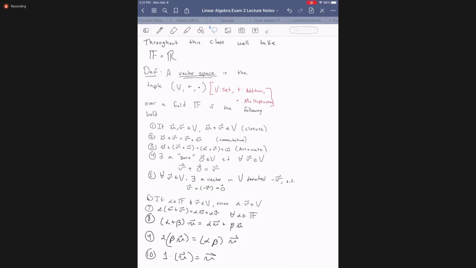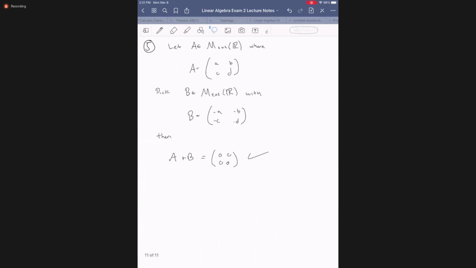If alpha is in my field and V is in my set V, then alpha times V is also in my set V. Okay, so again, where did I pick my alpha to be in? Yes, exactly. Perfect. That's what I wanted to make sure you understood. Here in this case, we picked alpha to be my real numbers. So what's the goal again here?